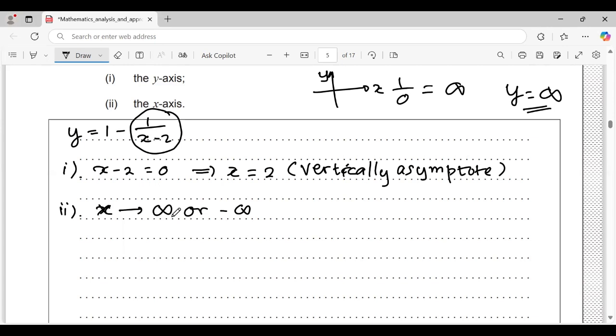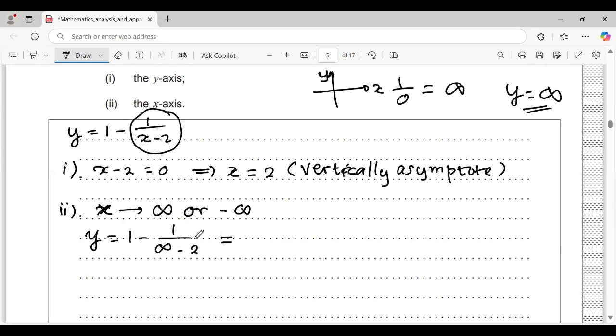If x approaches infinity or negative infinity, this equation becomes y equal 1 minus 1 over infinity minus 2.